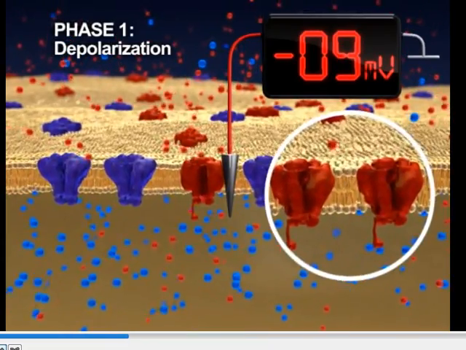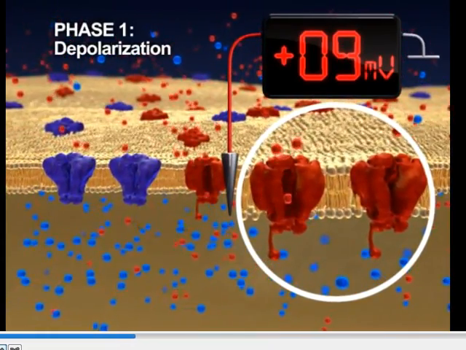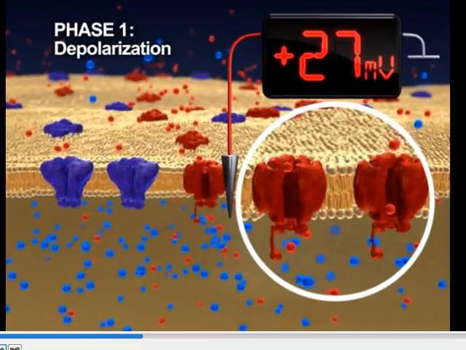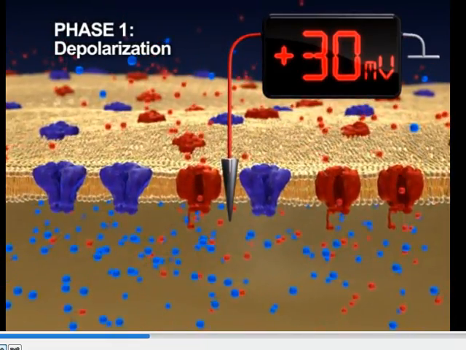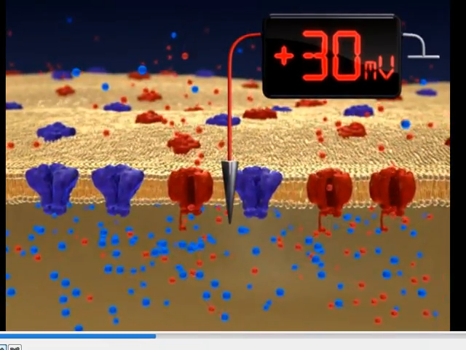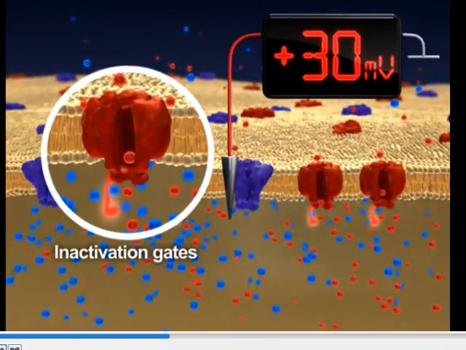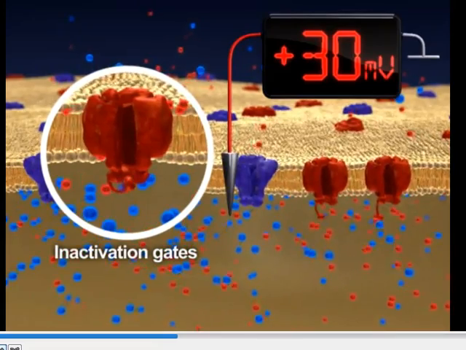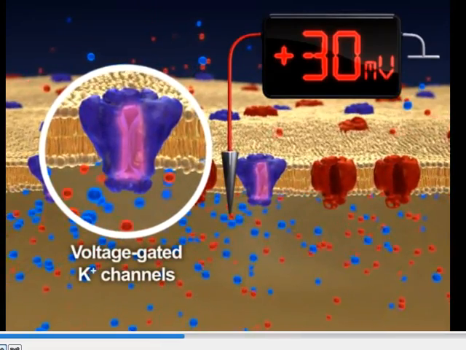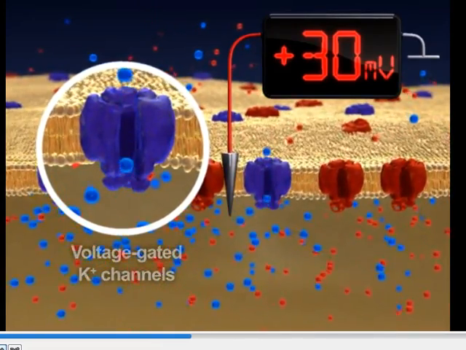This causes more voltage-gated sodium channels to open, and the membrane potential soars to plus 30 millivolts. At this point, 2 key events occur. The inactivation gates of voltage-gated sodium channels close, and voltage-gated potassium channels open.